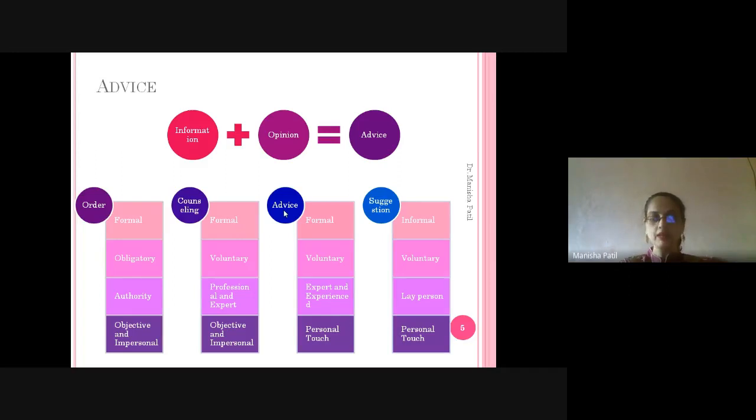Then we come to the third one, that is advice. Now, if you see counseling and advice, both are formal, both are voluntary, it is not compulsory. Advice is given by expert and experienced person.